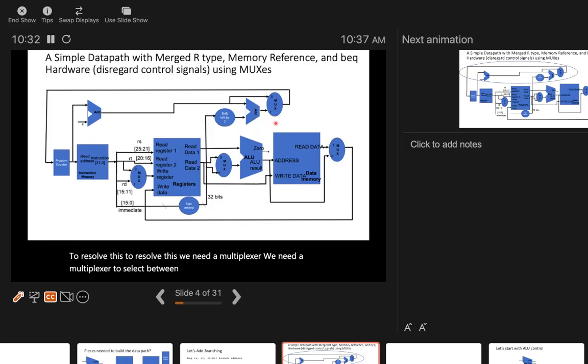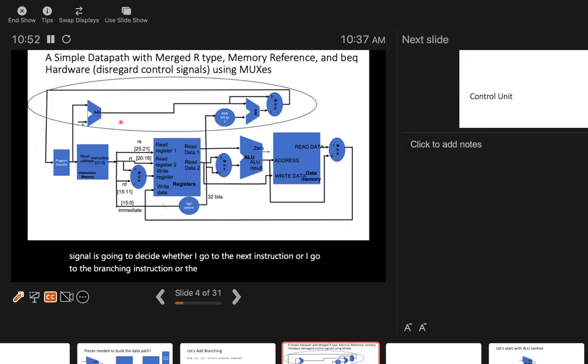This multiplexer is currently missing a control signal, which we'll talk about in today's class. That control signal is going to decide whether I go to the next instruction or the instruction specified by the branch address. So that's your branching hardware.